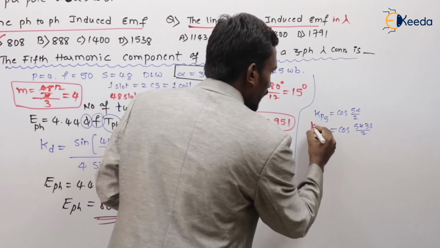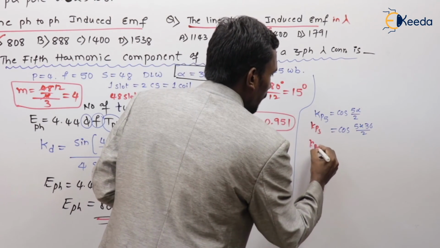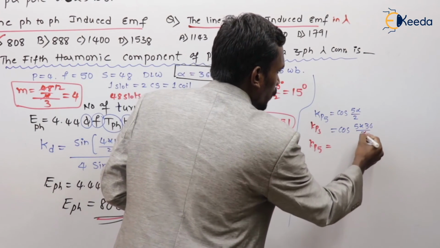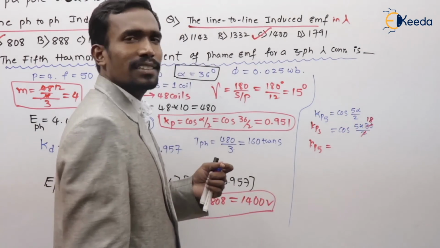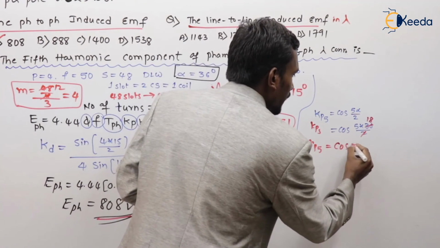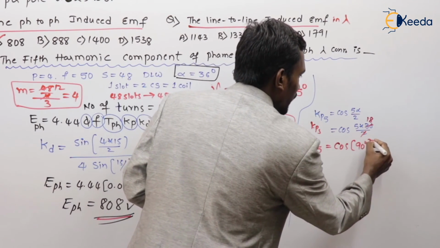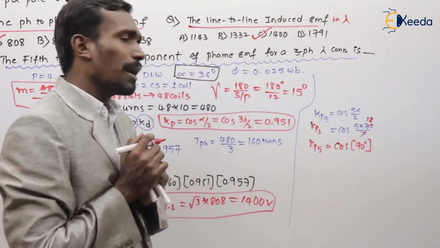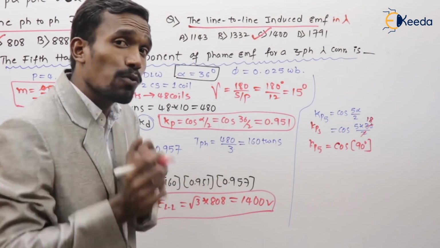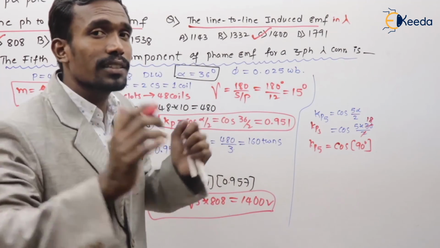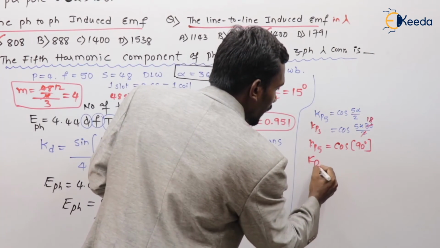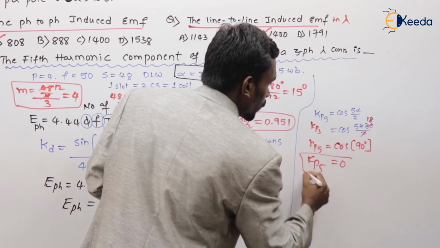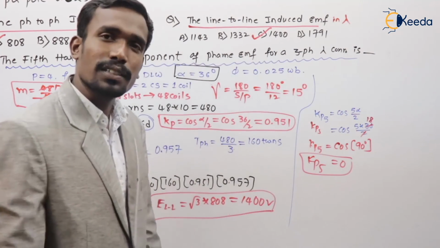So now tell me Kp5. 5 into 18 is 90 degrees. What is Kp5? Cos 90. What is the value of cos 90? 0. So Kp5 is equal to 0.